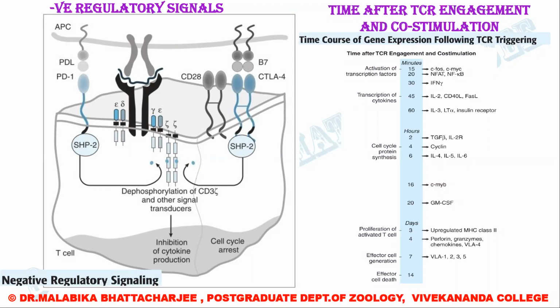So as you can see, initially CD28 is constitutively expressed while CTLA4 is not expressed until and unless the signaling cascade has been triggered. So the expression of CTLA4 is tightly controlled.